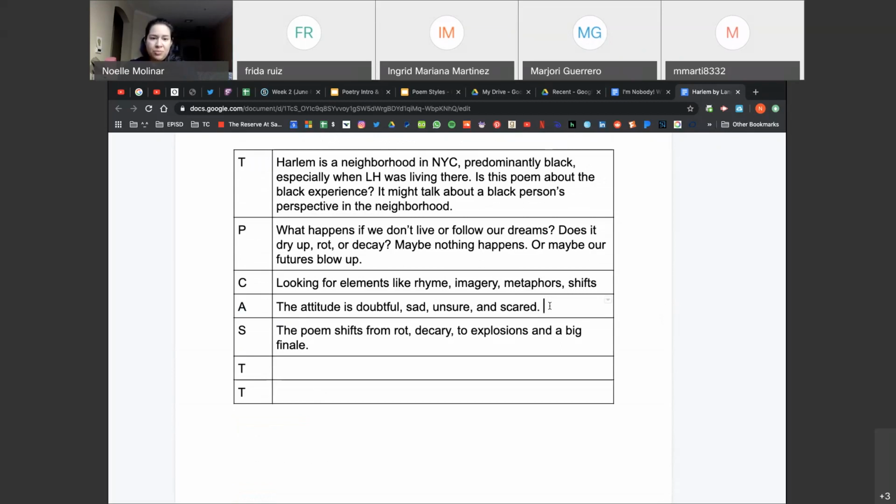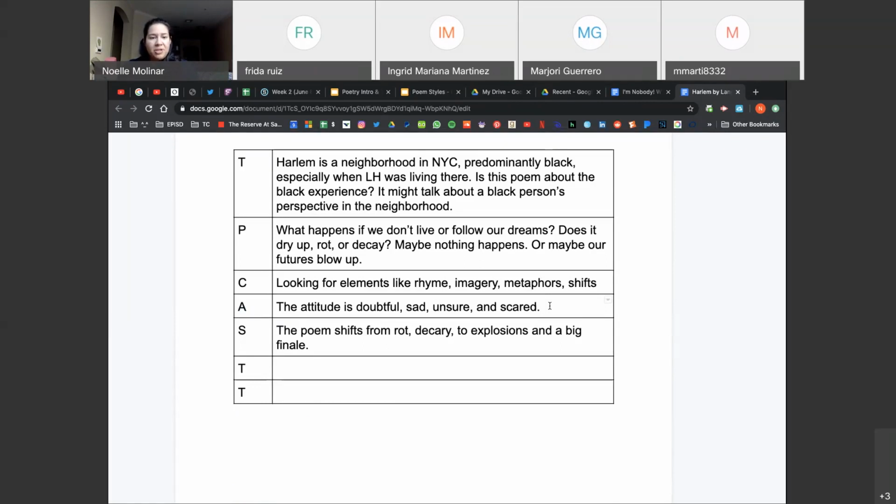That is not true. Because we have a lot of questions, we have a lot of really kind of almost sad things like something drying up, something rotting, something just being too syrupy. It's not very positive, so it's a little bit negative as well. You could say this has a negative attitude, but for me the biggest one is doubtful.